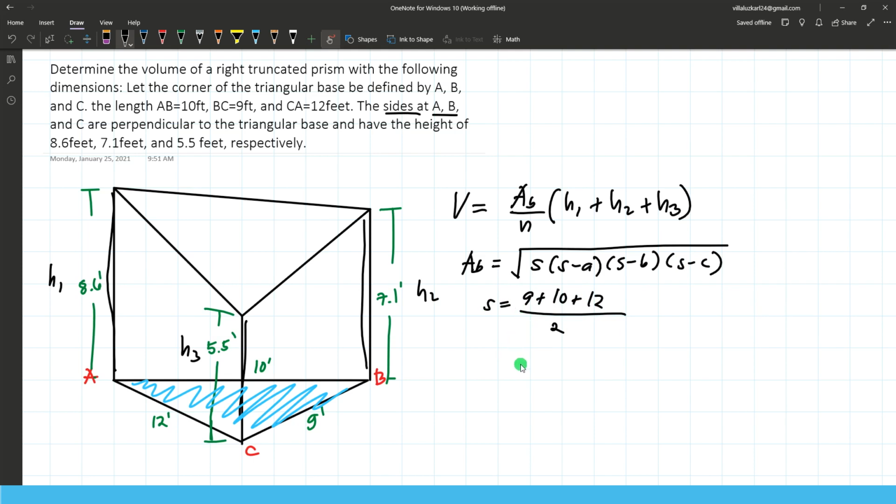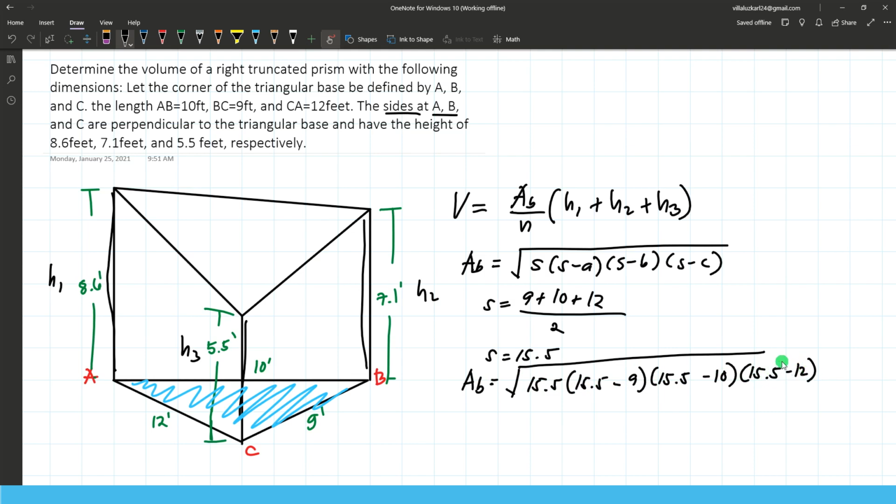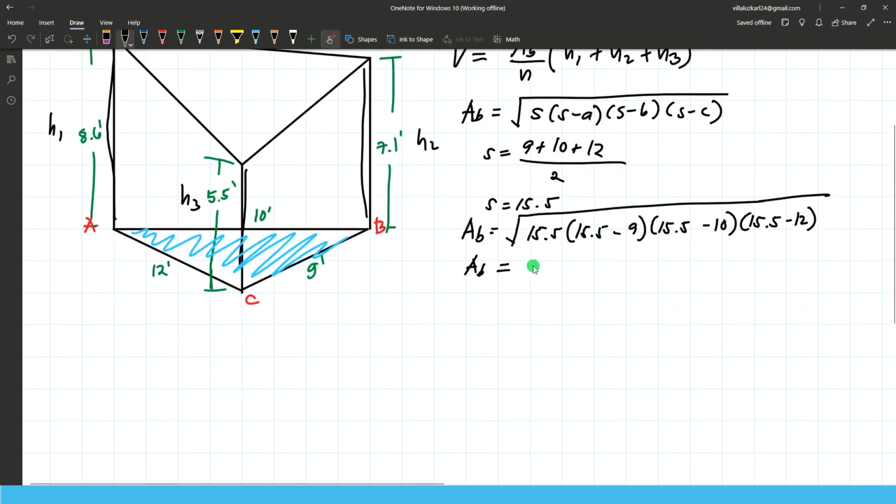The semi-perimeter is 15.5 when we compute that. Now substitute that here. The area of the base is equal to the square root of 15.5 times 15.5 minus 9, 15.5 minus 10, 15.5 minus 12. The area of the base is equal to 44.039 square feet.